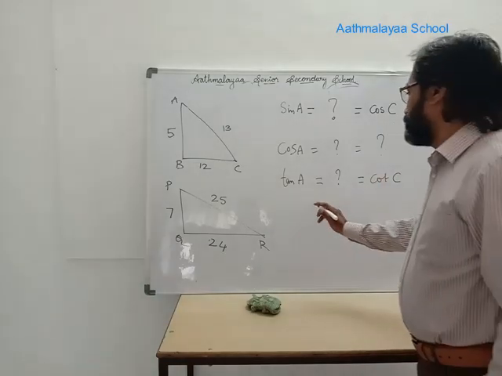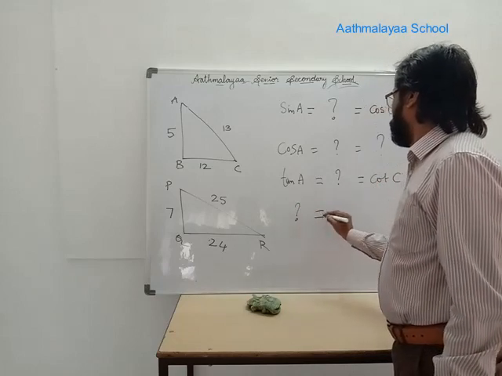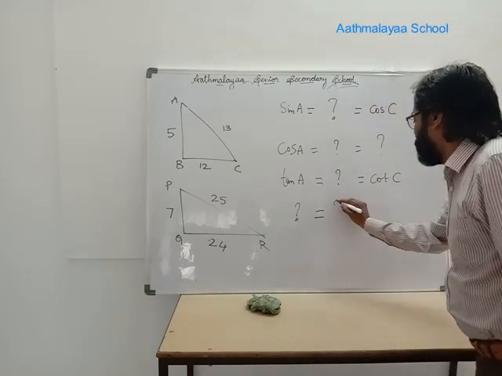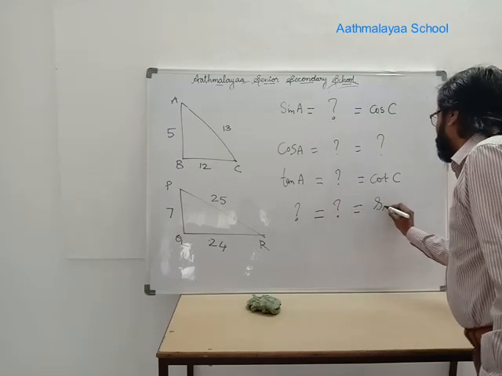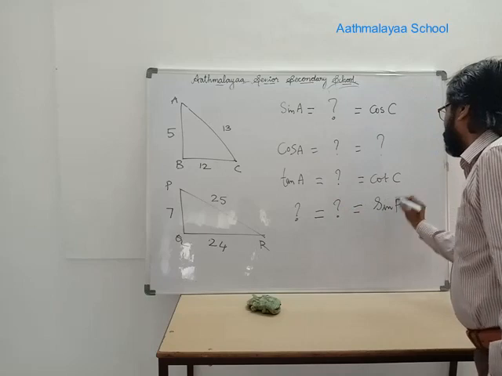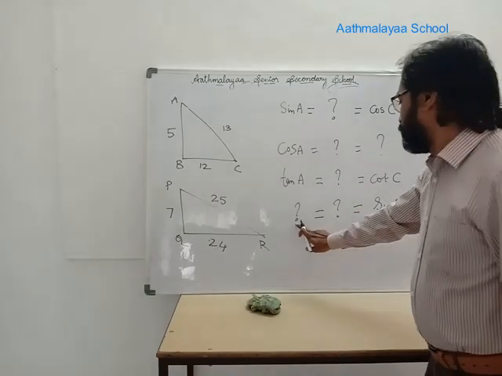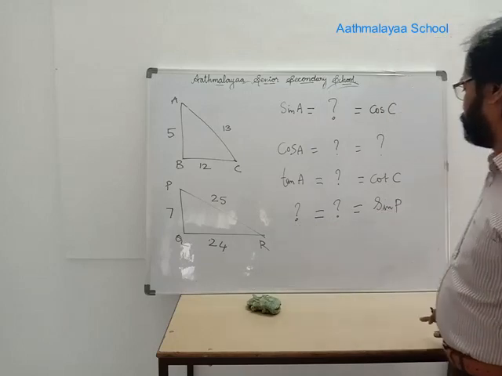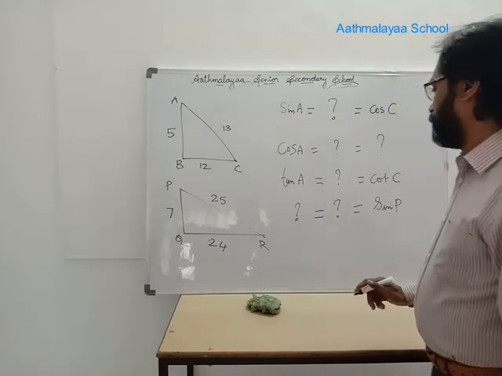The second case: what is equal to, again, what is equal to sin P. Here you have to have a different name in terms of R. In terms of R. Okay.